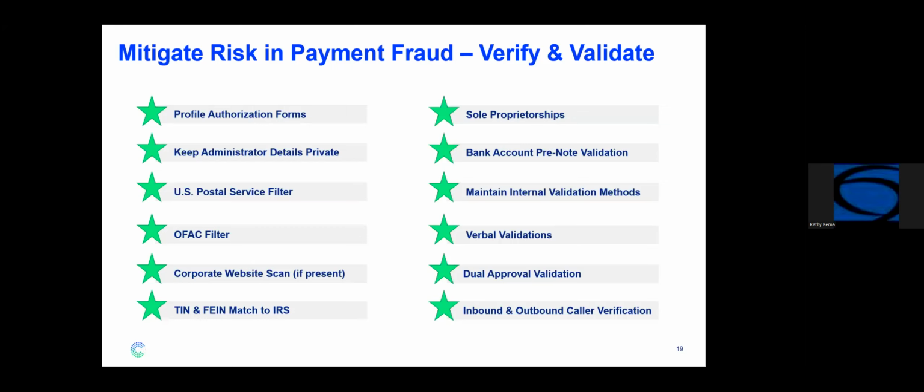We've got the U.S. Postal Service filter. We also have the OFAC filter, so you can use that to validate as well. We've got corporate website scans if they've provided a website. And then we have a tax identification number matched with the IRS. And then sole proprietorship, so we can verify the sole proprietorships. And then we've got bank account prenote validation.